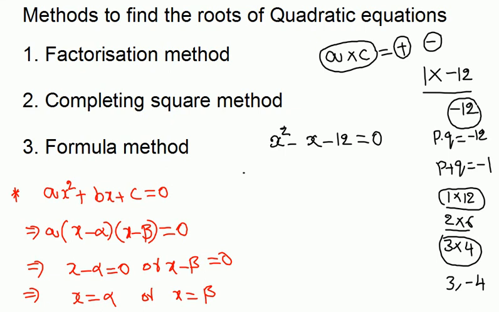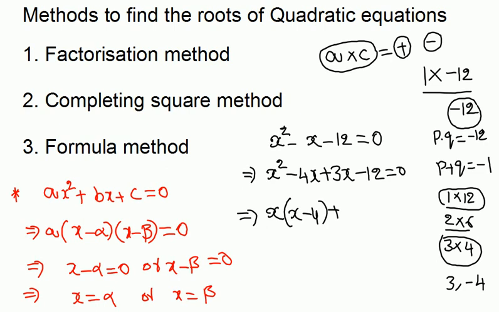After getting them, we can write it as x square minus 4x plus 3x minus 12 is equal to 0. That implies take x common, you can get x minus 4, and take 3 common, you can get x minus 4 is equal to 0.